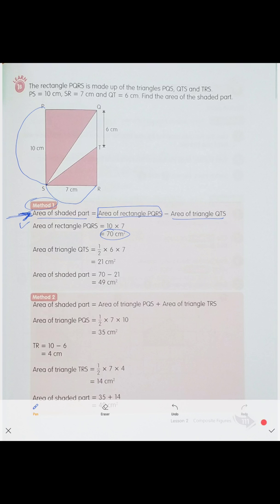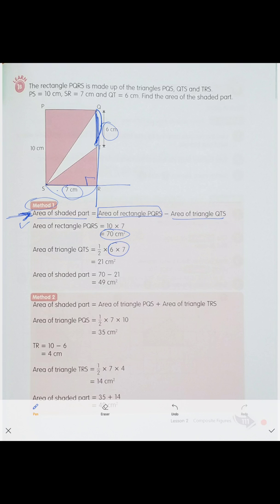And now we need to find the area of the triangle QTS. This is our base, and we extrapolate it here, and we put the perpendicular line, and this is our height.